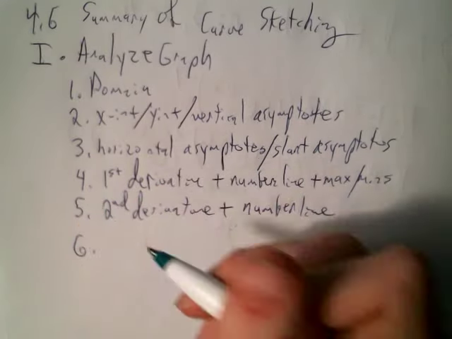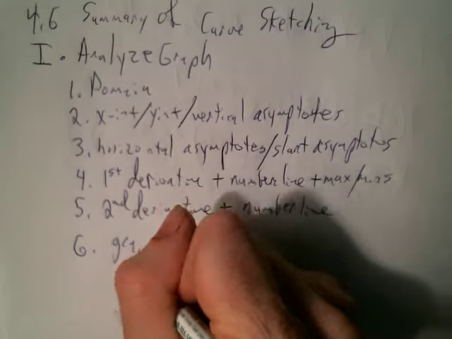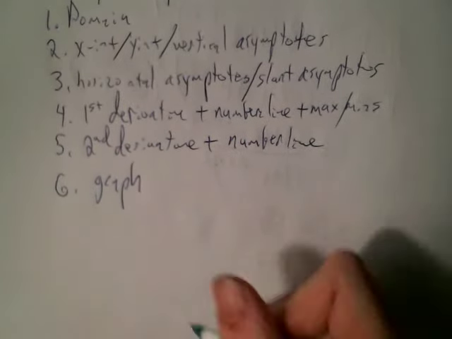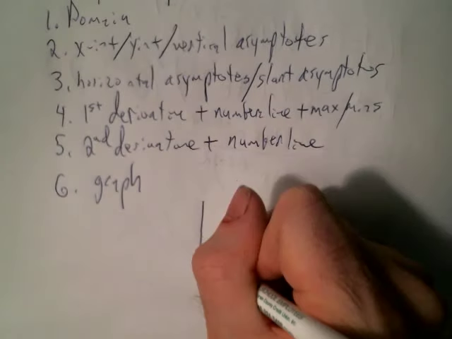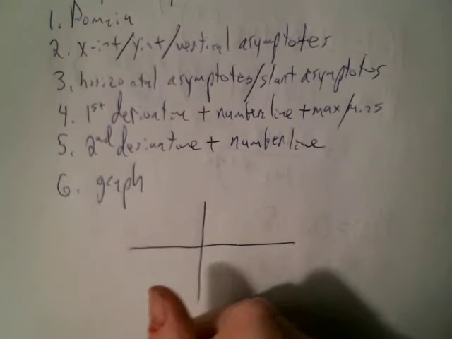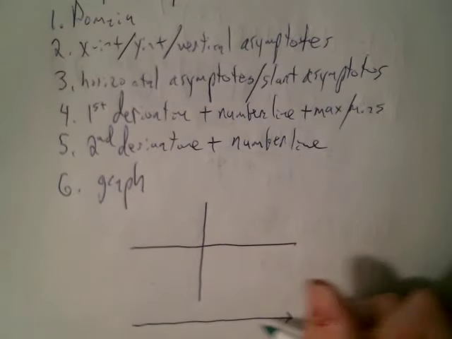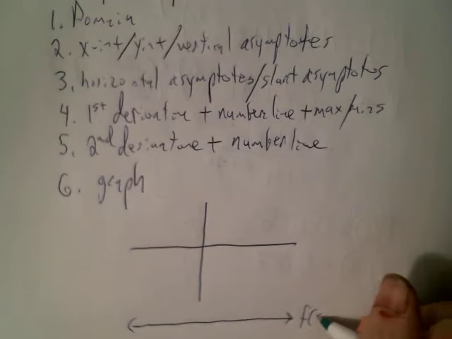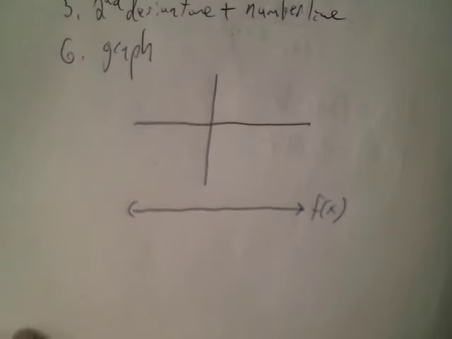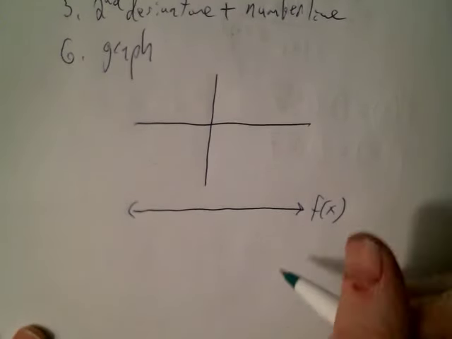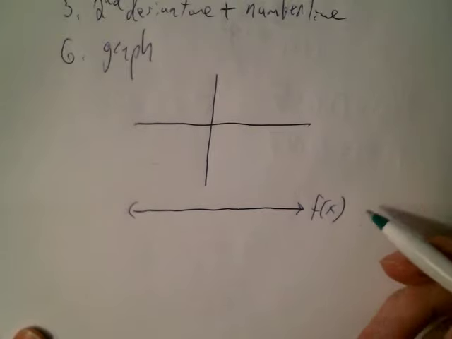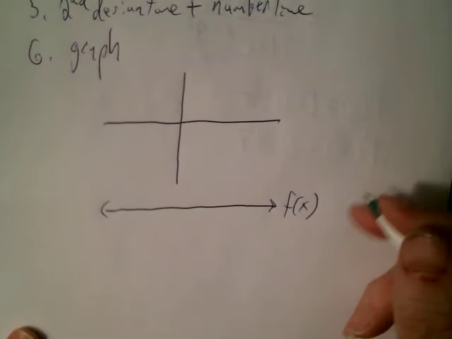Then sixth, you're going to go to graphing this thing, and the graph is really dictated by these number lines that we're generating. So you should have a number line for f of x, which we haven't been doing, but it'll tell you if the function is above or below the x-axis. So you'll be plotting zeros as well as undefined places.